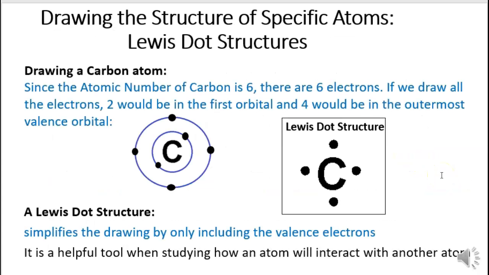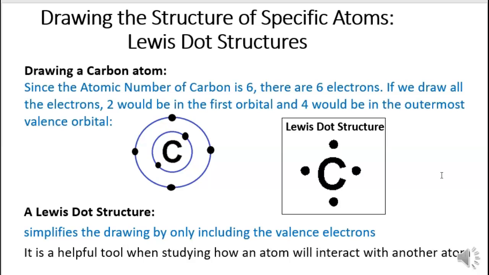We often draw atoms as a Lewis dot structure. It's a helpful tool because it's really the electrons, the valence electrons, that will dictate how an atom will interact with another atom. So a Lewis dot structure only draws the valence electrons around the chemical symbol.